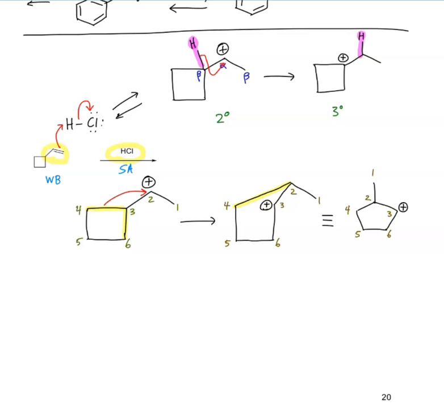Now to go back up here, remember we started with HCl, and so at this point, a chloride ion can act as a nucleophile, attack the carbon with the positive charge, and we have to take into account that we have a new ring size now.